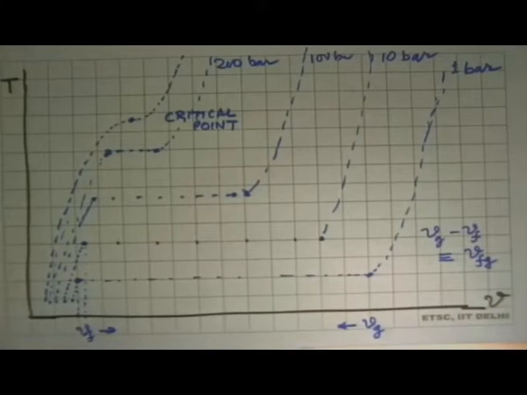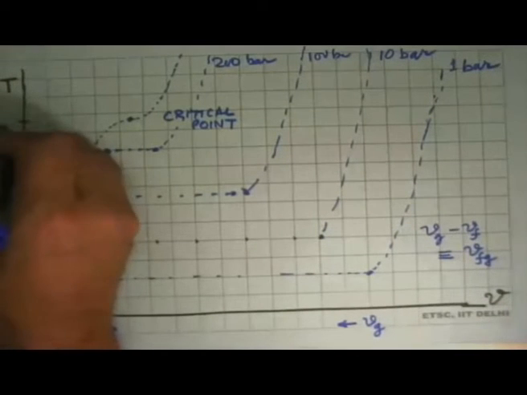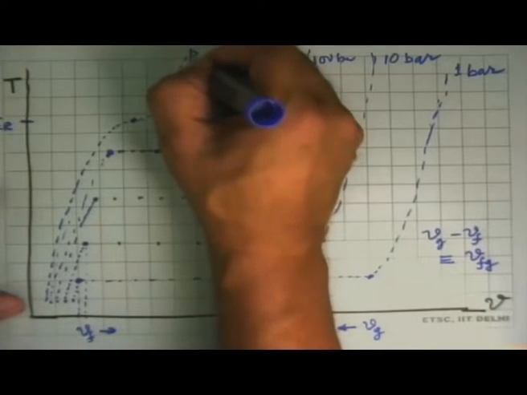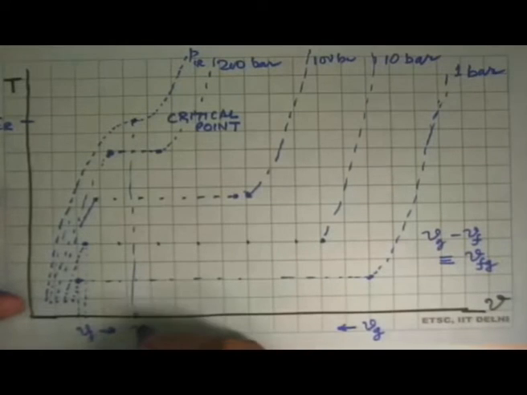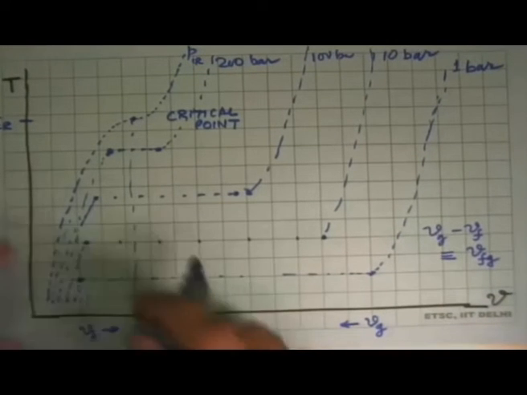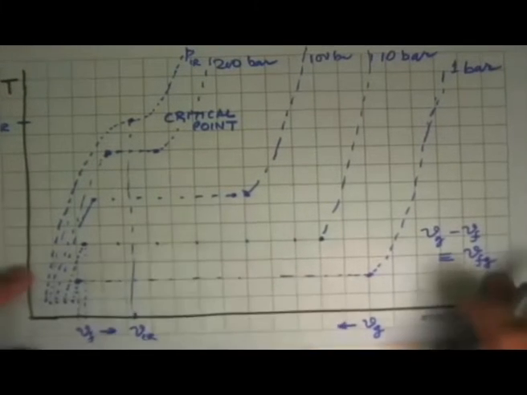This is a unique property of every substance, and it's all tabulated. This temperature is called the T critical. The corresponding pressure at which it happens is P critical. The specific volume at which this happens is V critical. Specific enthalpy at that point is H critical. Entropy is S critical, and like that. So this is a unique point.